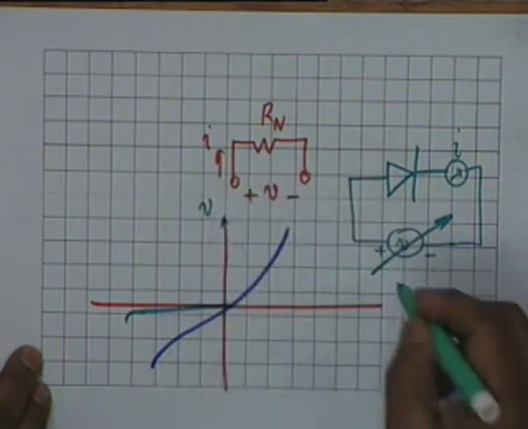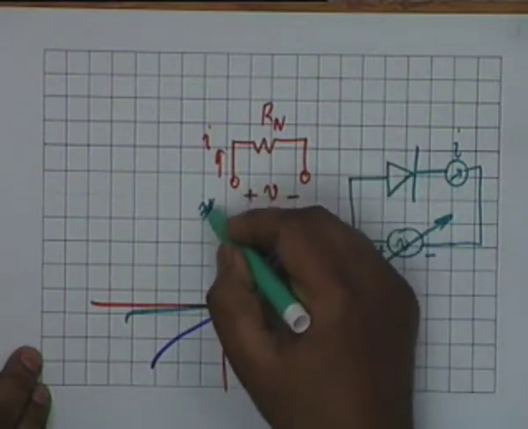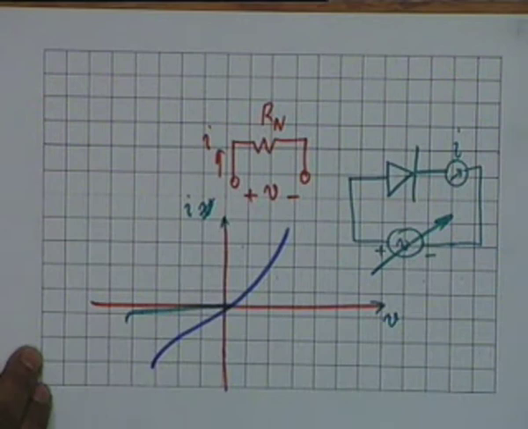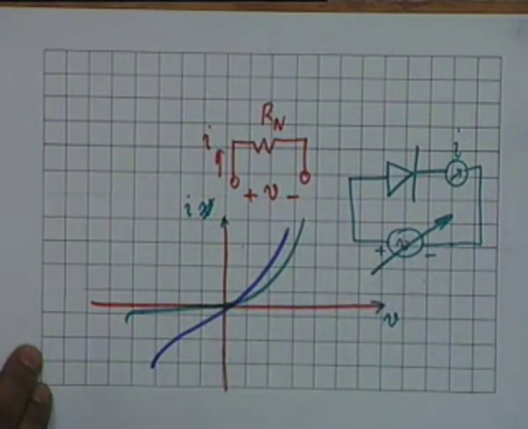This is I and this is V. IV characteristic is such that when V is negative, very little current flows. When V is positive, current increases almost exponentially. All right. This is obviously a nonlinear resistance. There are many other examples of nonlinear resistance.